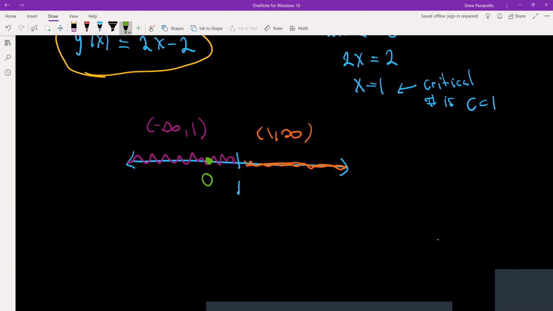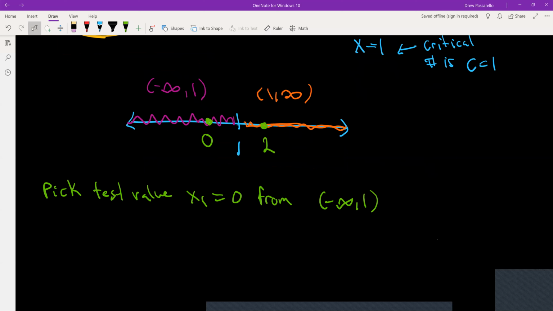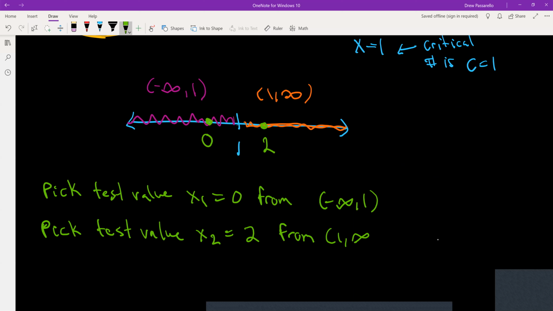Then I'm going to pick a value to the right of 1, from the second interval. I'll pick 2. These are just convenient values to pick. I'll use x2 for the second one, equal to 2, from the interval 1 to positive infinity. Those are my test values.